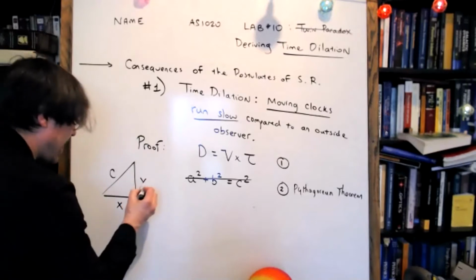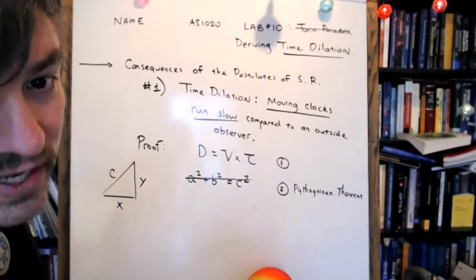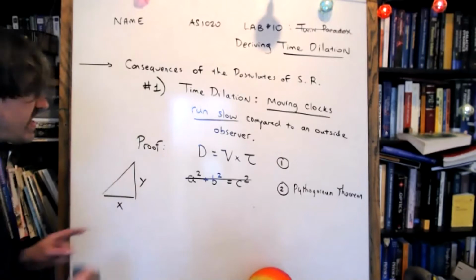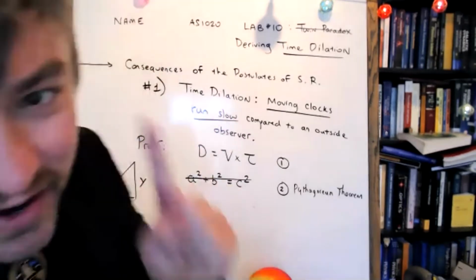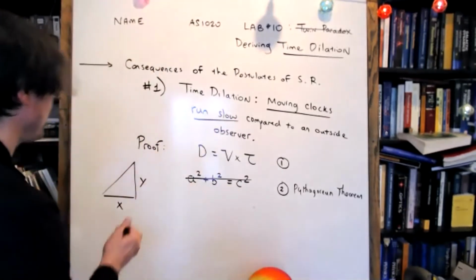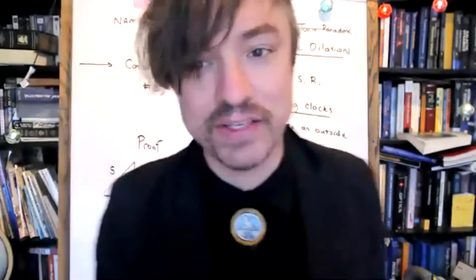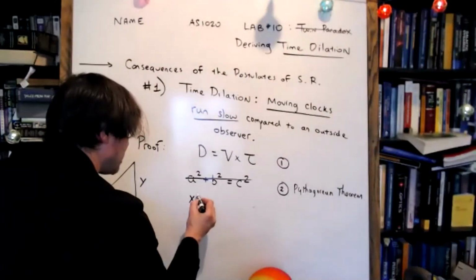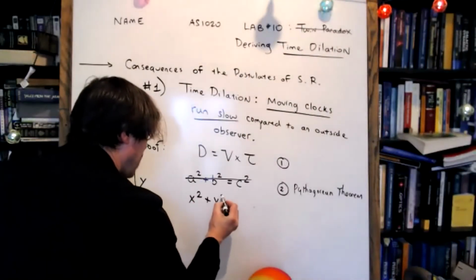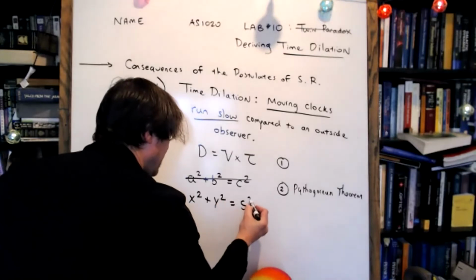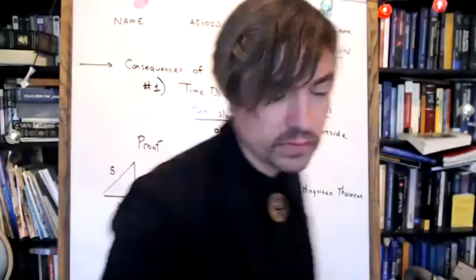Let's call this leg the Y coordinate. And I'm going to use a very charged letter for the hypotenuse. I'm going to use S as the hypotenuse. So now our Pythagorean theorem would look like this: X squared plus Y squared equals S squared.